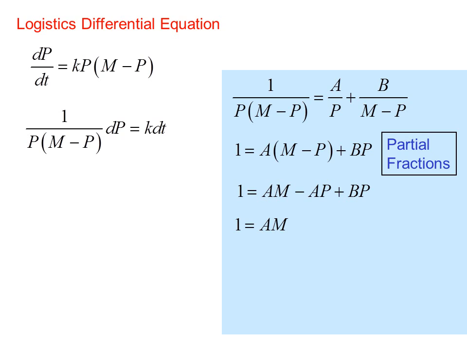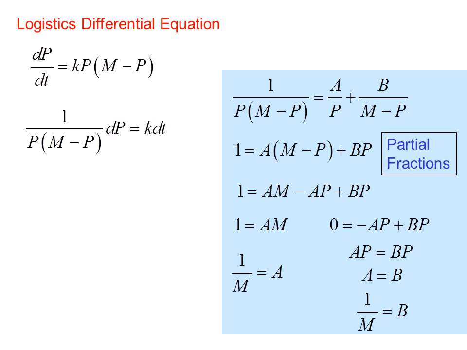For the M terms, we get 1 equals A times M, or 1 over M equals A. And for the P terms, we get 0 equals negative AP plus BP, or AP equals BP, so A equals B, which means 1 over M equals B.